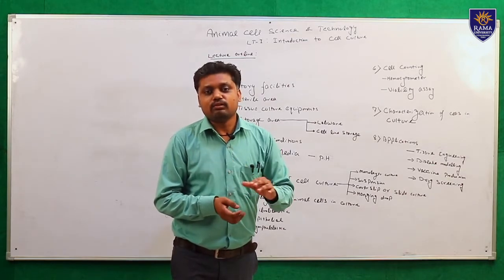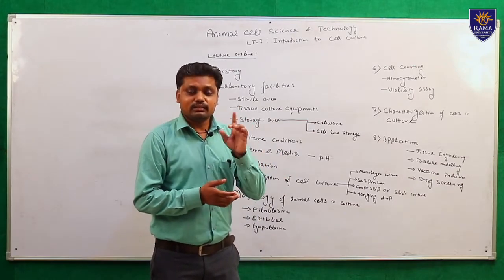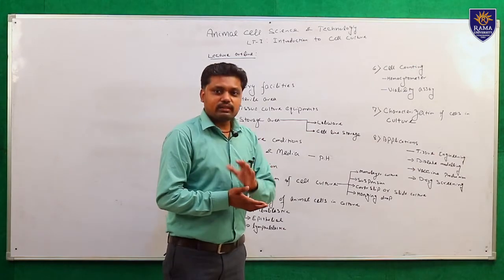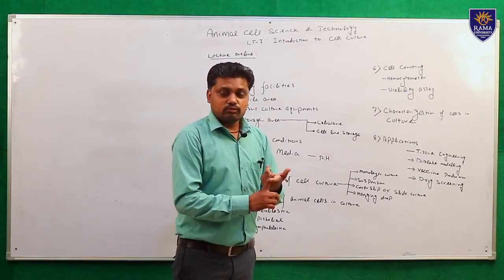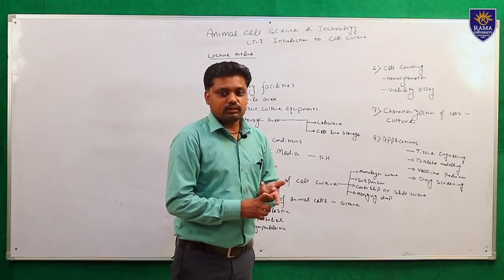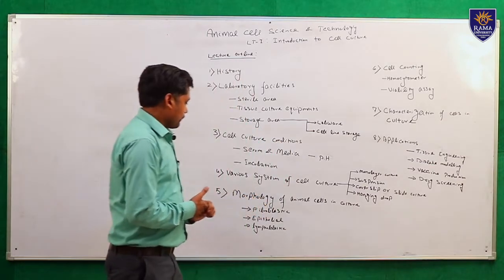Mycoplasma contamination cannot be detected by the change of color. Basically, fungal and bacterial contamination can easily be detected. So phenol red has a dual function: to indicate the change of pH from neutrality, and to indicate bacterial and fungal contamination.